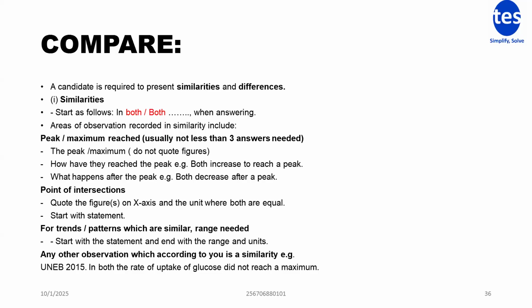Okay? Then the second one is the point of intersection on a graph. Here you quote the figures on the x-axis and the unit where both are equal. For example, don't simply say they both have the respiration rate equal, or the concentration equal. That doesn't work like that.